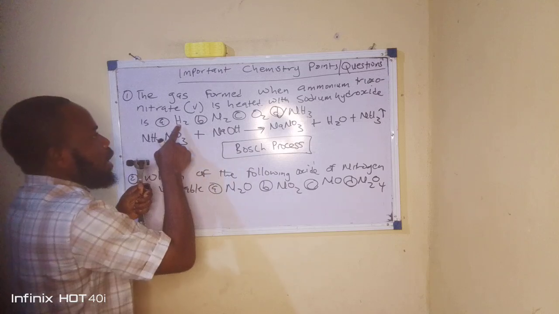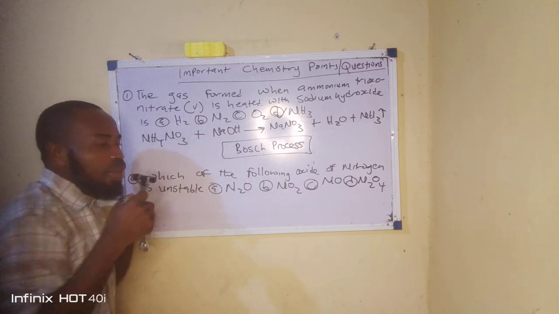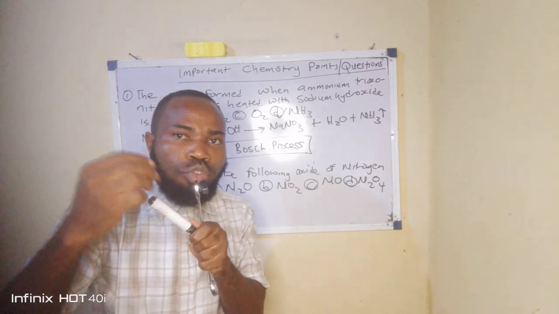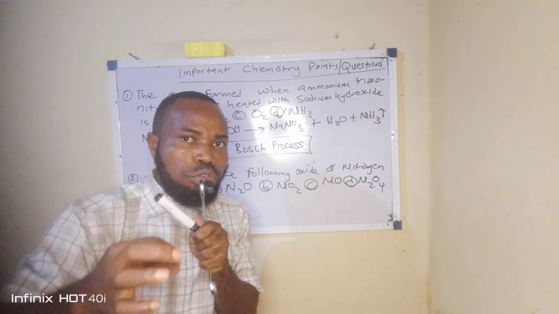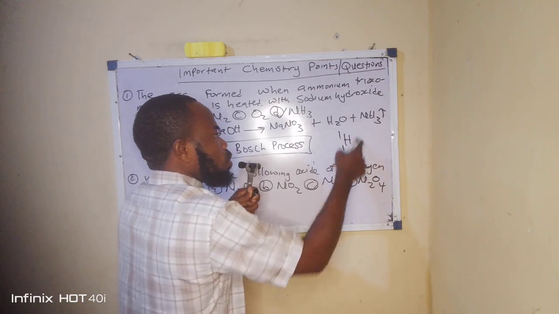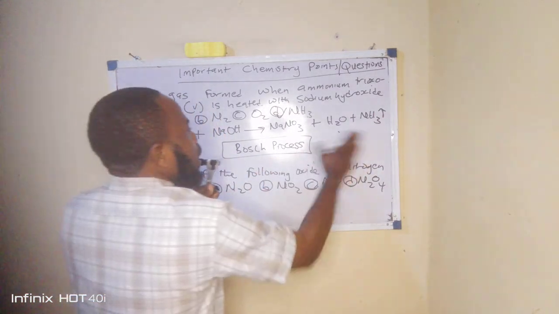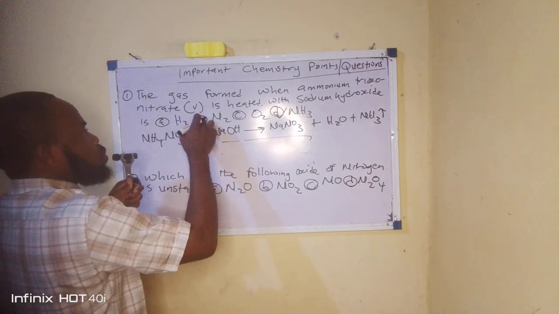Now, this hydrogen here is manufactured from the Bosch process. Again, hydrogen does not have a neutron number, except in its isotopic forms. Now, let's come back to nitrogen.